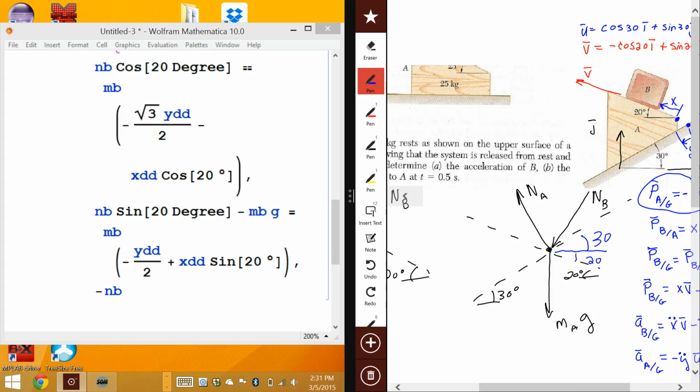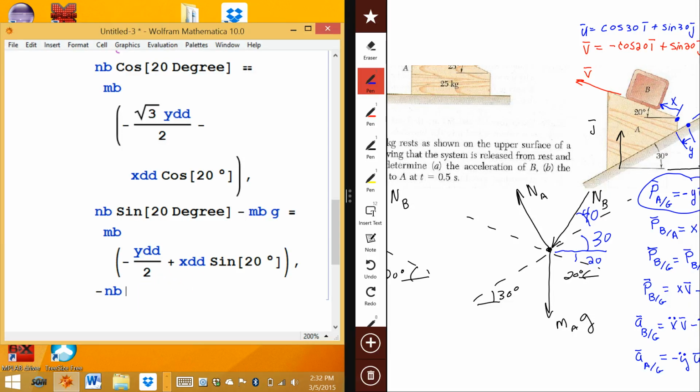So this angle here, it's 90 between NB and that dash, so this guy would be, let's see, alright, so this angle is 40.